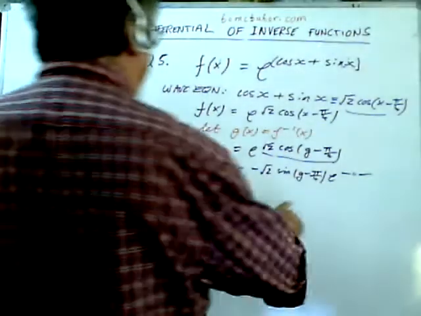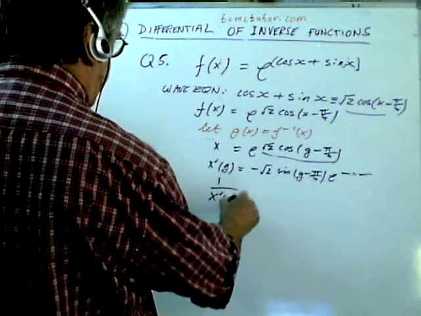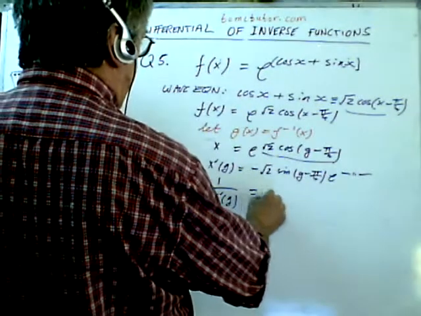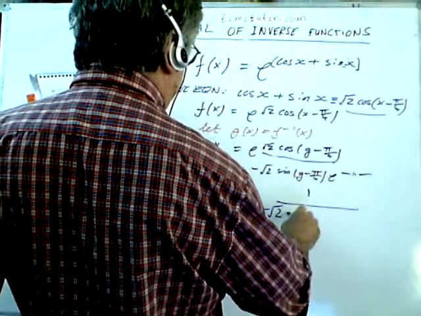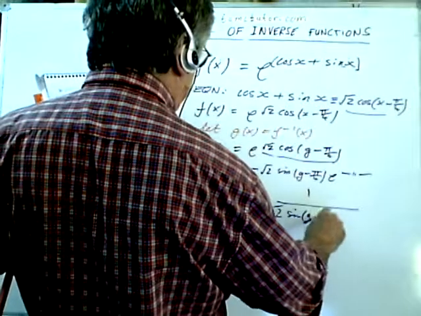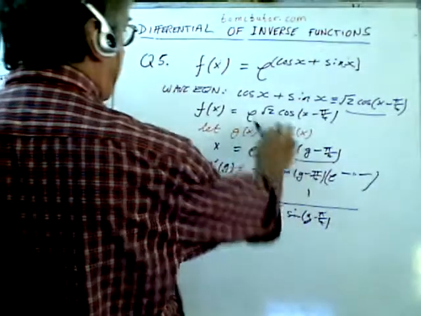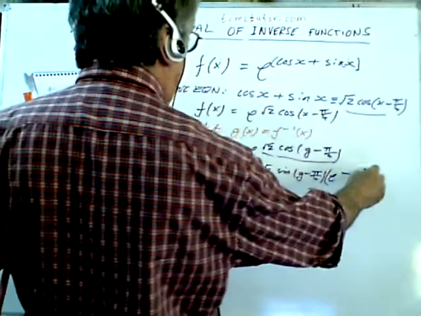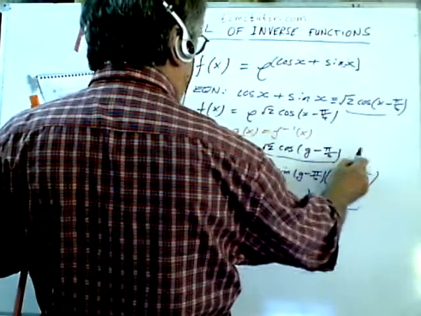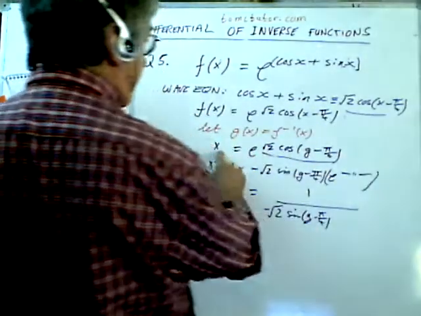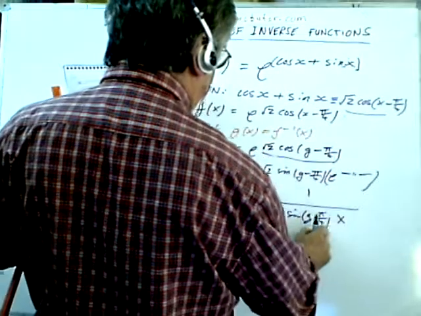And then what we do, of course, is take the reciprocal of that, x dash of g, and that is 1 over minus square root of 2 times the sine of g minus pi over 4 times this exponential here. Of course, this exponential is basically just x, okay? So I can replace all that by x itself, alright?